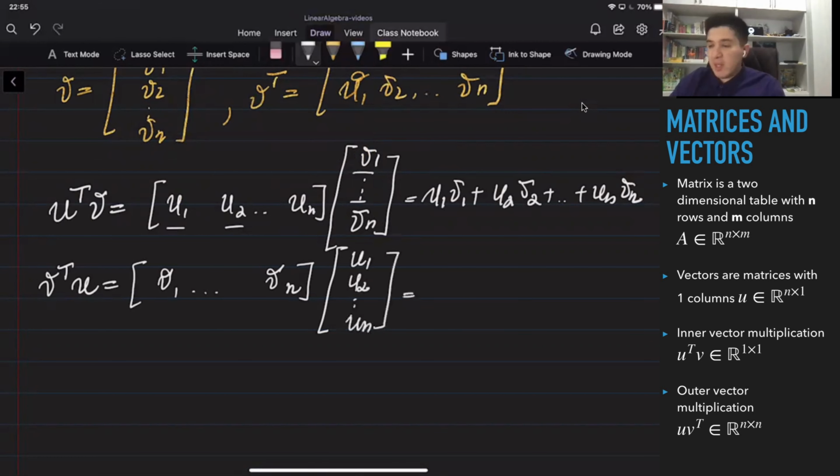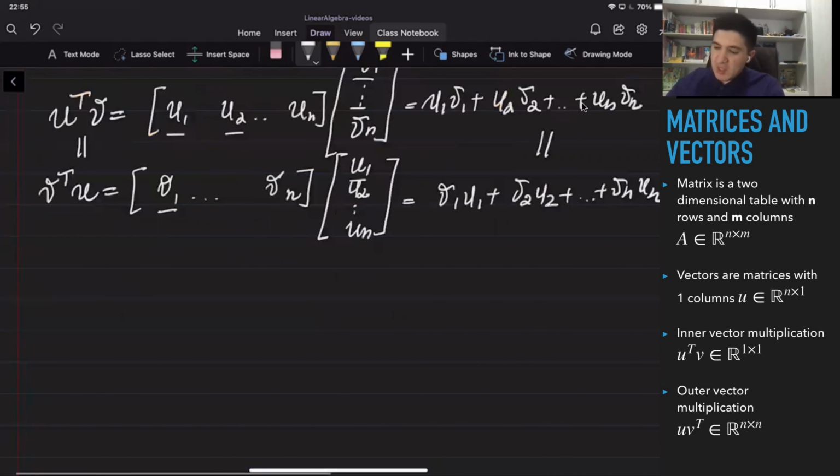And if I now multiply them, it's going to be again v1 u1, plus v2 u2, plus and so on, plus vn un. So you see these two results are the same. So it doesn't really matter, unless the transposition is in between the two vectors, you're going to get the same result.